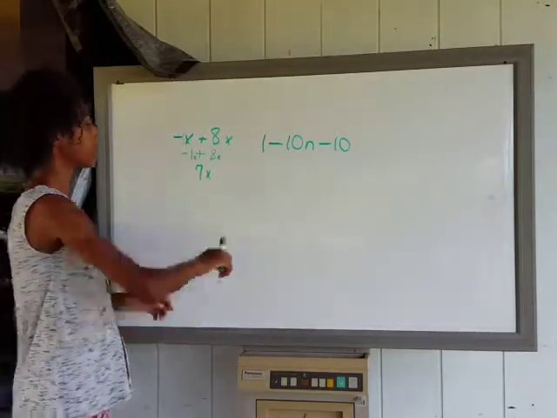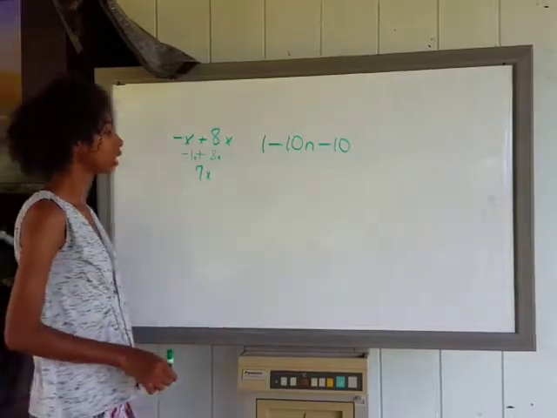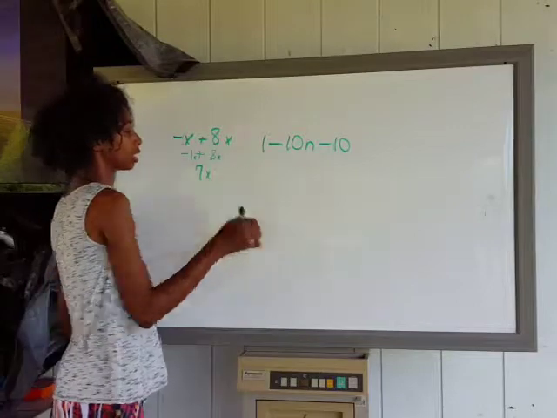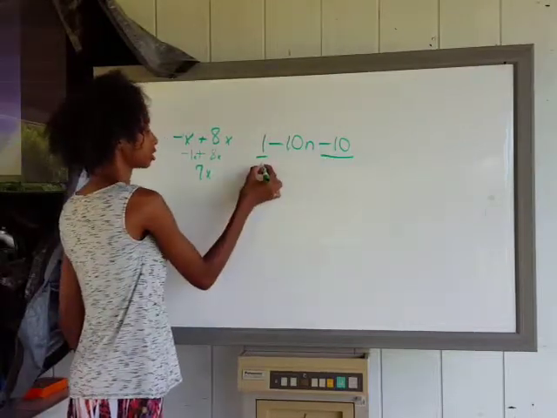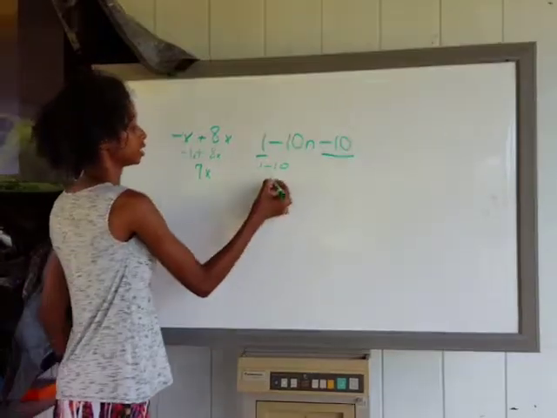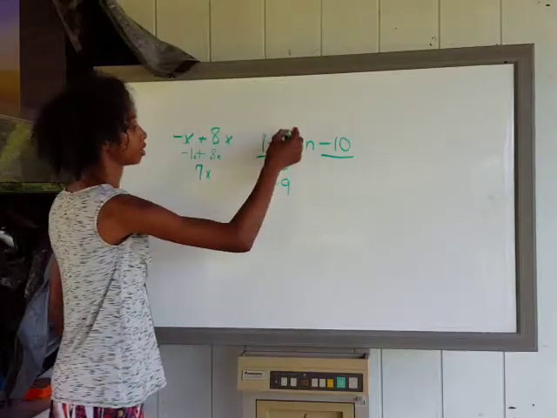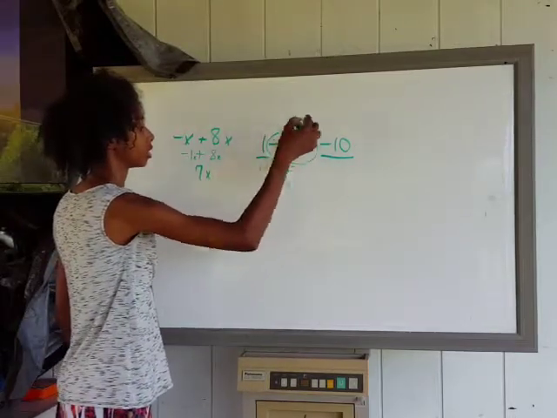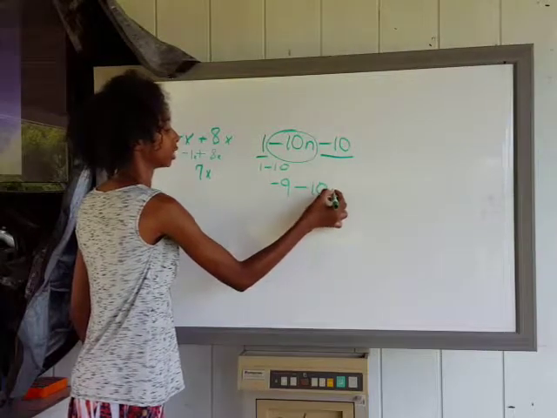Alright, so here we have 1 minus 10n minus 10. So our like terms are 1 and a negative 10. So 1 minus 10 is negative 9. And then we're left with negative 10n.